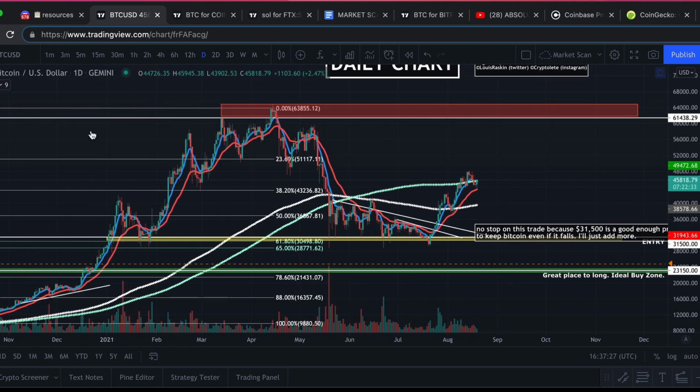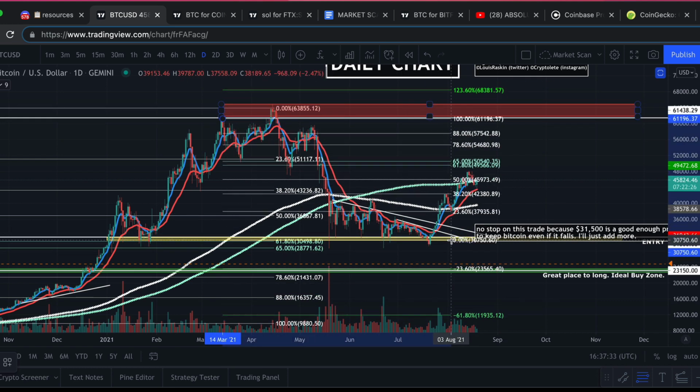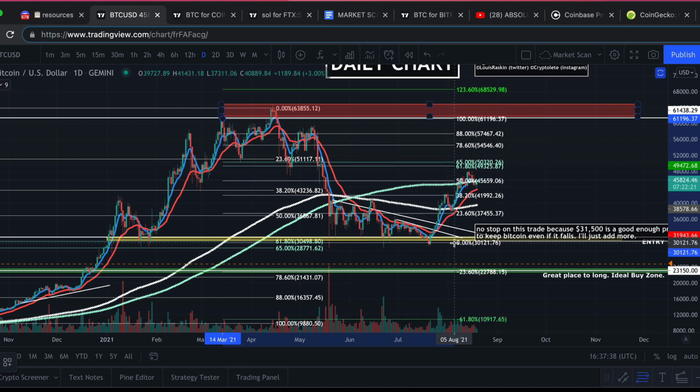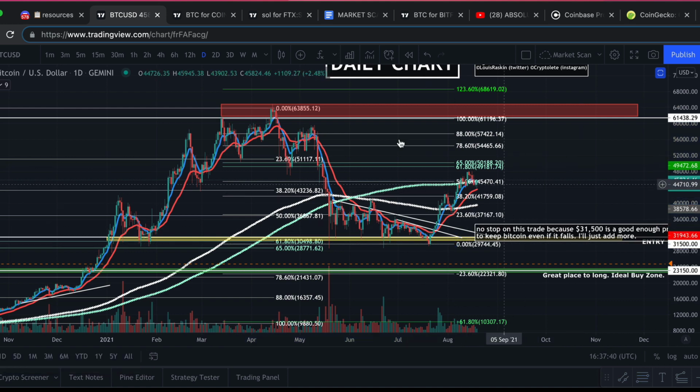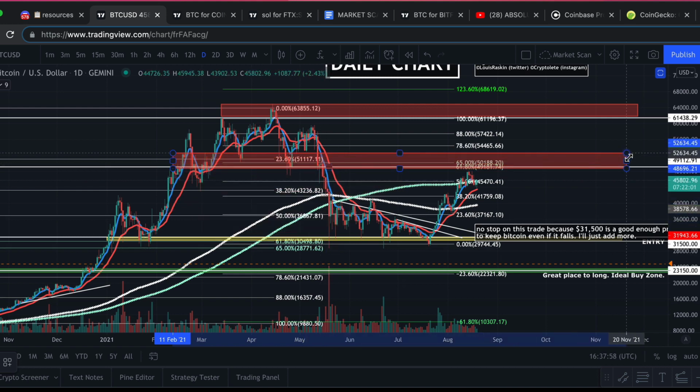However, we're really coming into this huge area of resistance right here. You see there's a lot of resistance here, and then some resistance here, flipped into support, flipped into support, flipped into support, and then all of a sudden resistance, boom, huge crash.